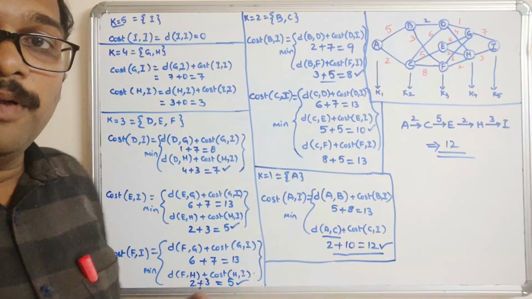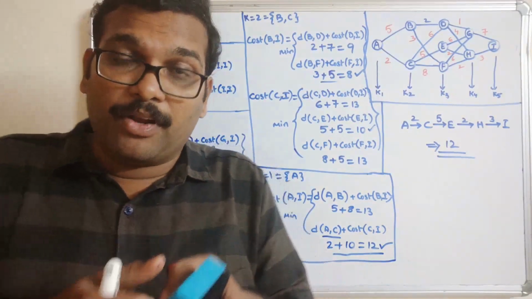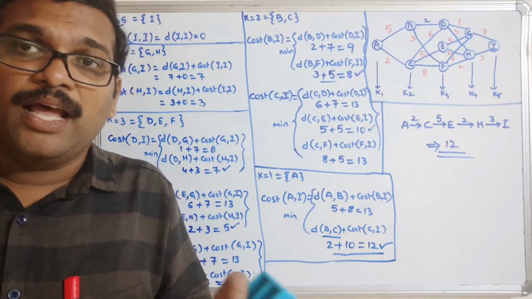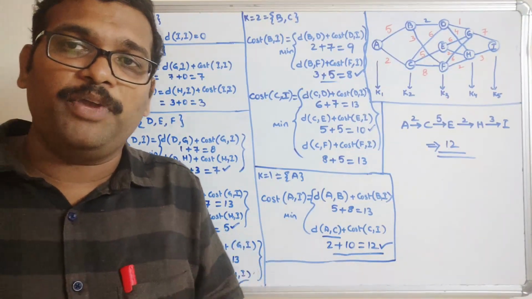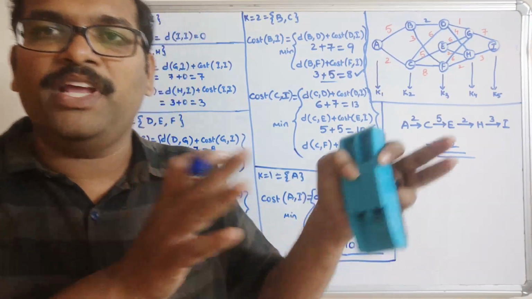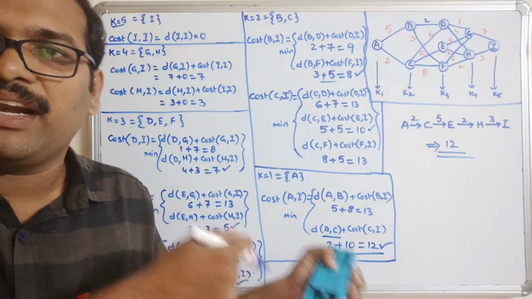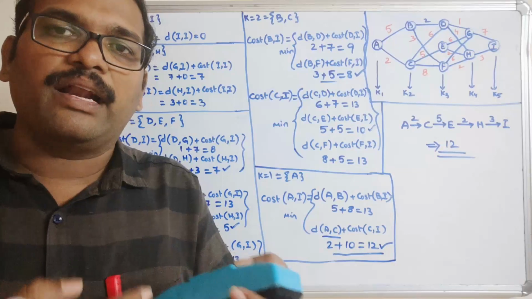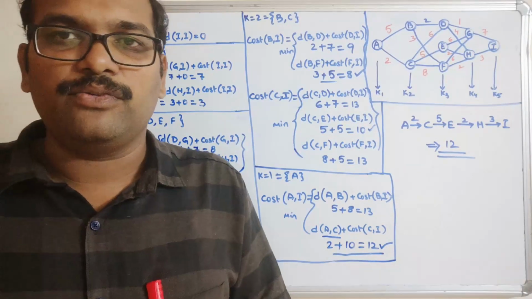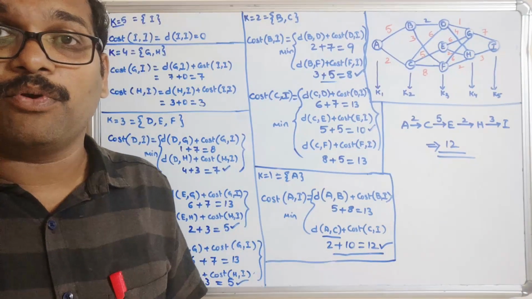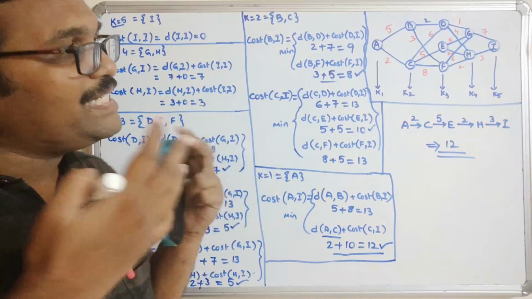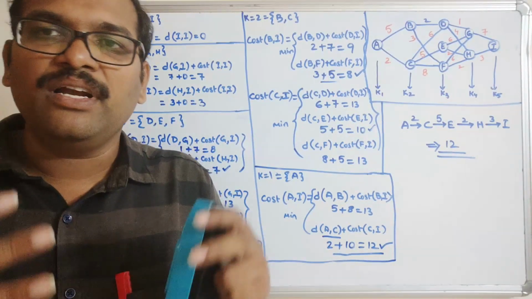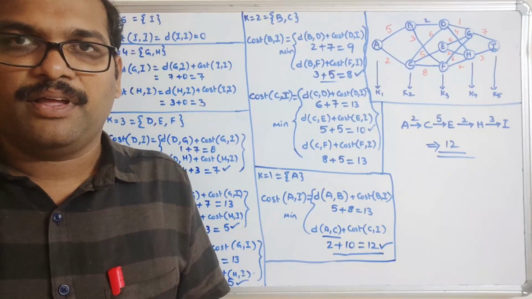So the problem is divided into sub-problems, and the sub-problems have been solved and the results have been saved in the memory, and we can retrieve those results whenever required in order to avoid recomputing the values. So this is called dynamic programming. So this is the multi-stage graph using dynamic programming, right?